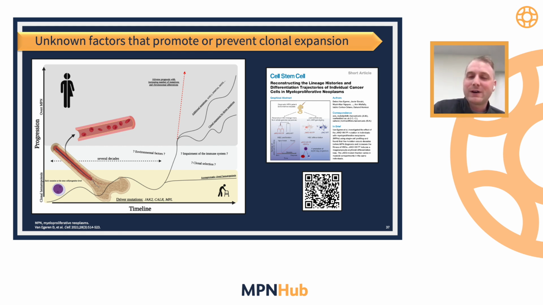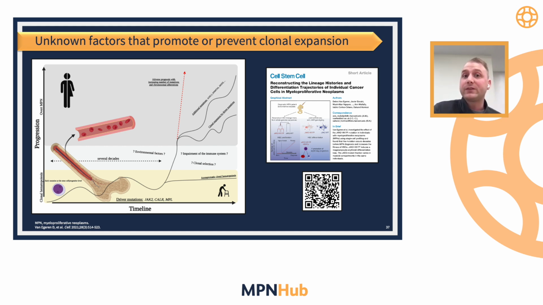And it's very interesting to see there's an amazing paper from Egarin et al. showing that the acquisition of these mutations, for example the JAK2 mutation, takes place in many patients very early in life. So in some patients in utero and in some patients in early childhood. And then these clones stay there for a certain period of time. We know that the variant allele frequency can increase and decrease over time in these individuals without having MPN disease.